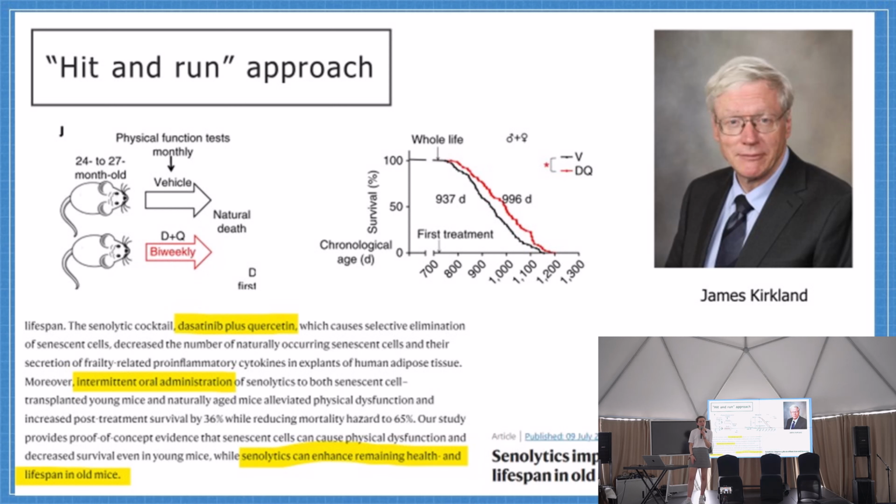So James Kirkland, who's pioneering a lot of these clinical trials in senolytics, has come across this hit-and-run approach, where if you want to develop a therapy, you only have to give it once every so often, because there's a delay between removing senescent cells that are already present and then for them to accumulate again, because it takes a bit of time for a cell to fully establish senescence.